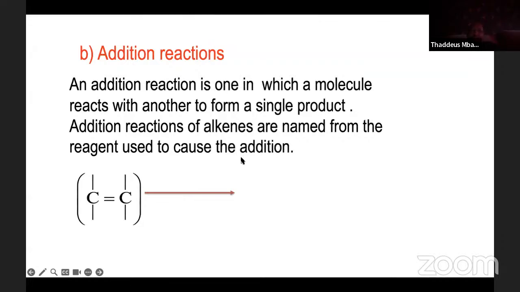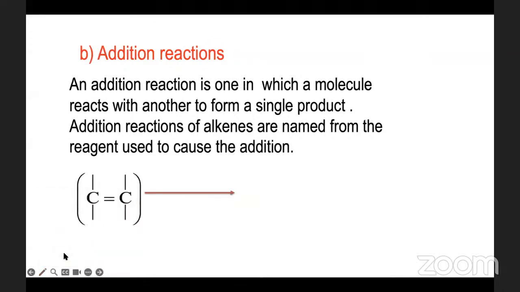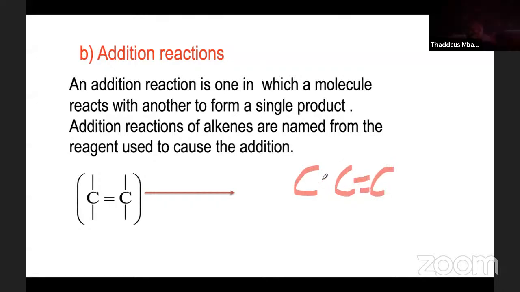Nelson, sijui kama kuna mwingine alikuwa na hiyo shida. I can still explain it in a better way. My question was, in the notes, it's just propene. It's not prop 1 ene. Sahi ukianza kusema tuseme umename hii kitu itakuwa aje 1 2. So the double bond itakuwa between the first and the second.